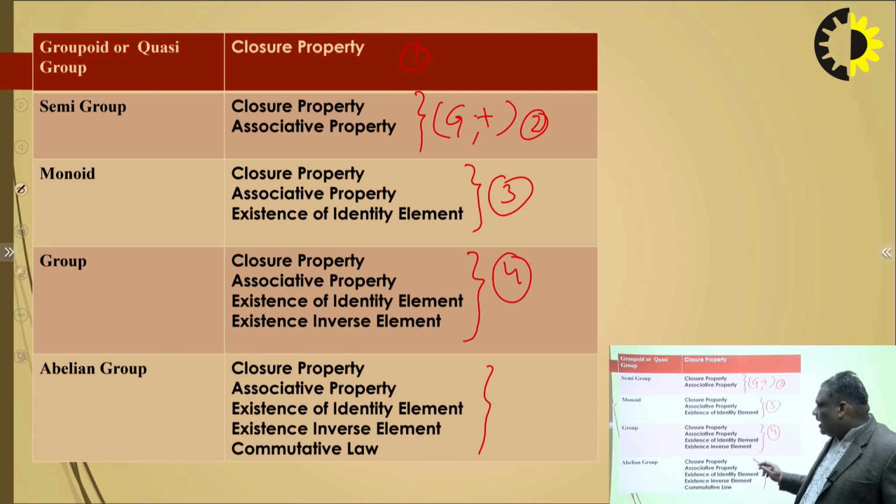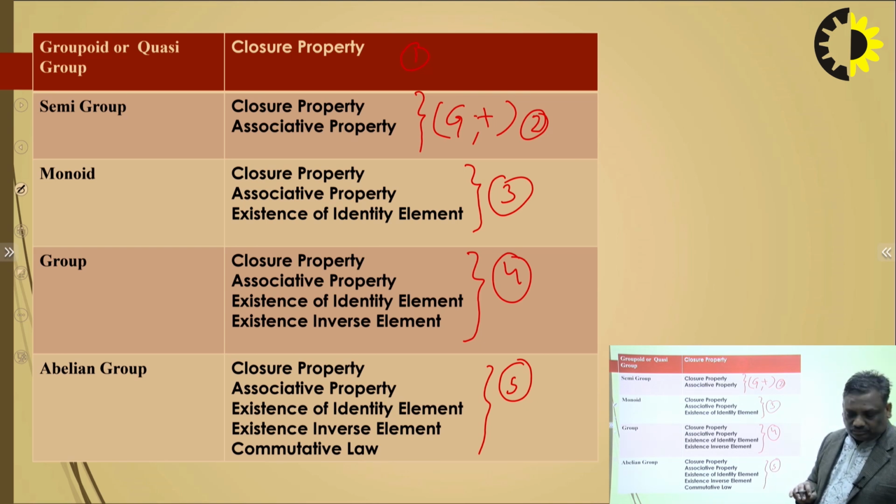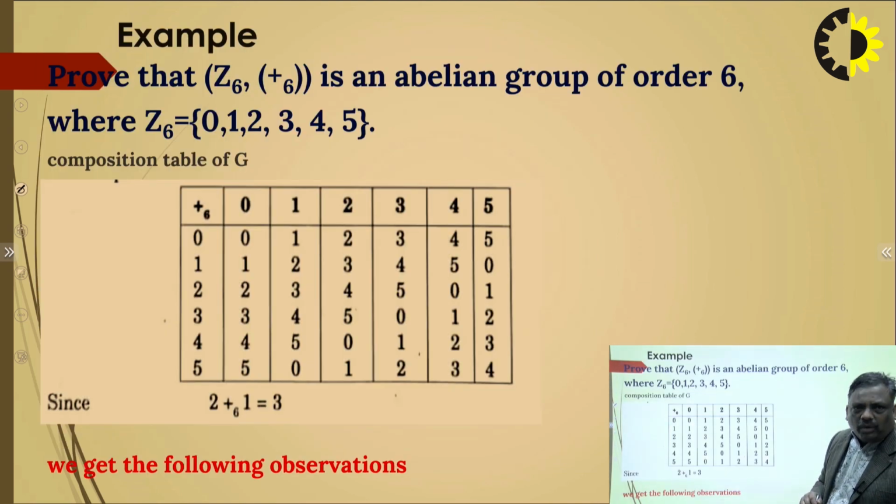And if we satisfy five properties with respect to any binary operation with non-empty set G, closure, associative, existence of identity, existence of inverse and commutative law, this one is known as abelian group. With the help of an example, we can understand how we can solve this.